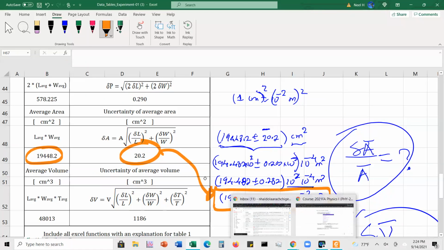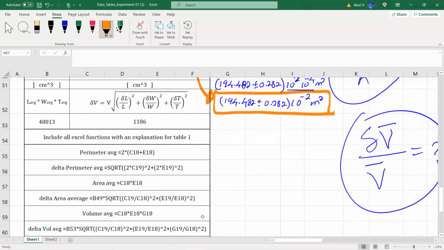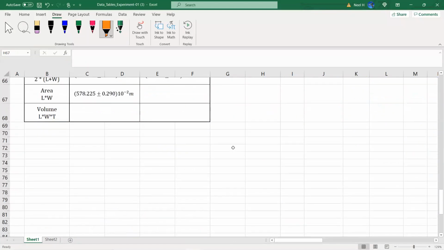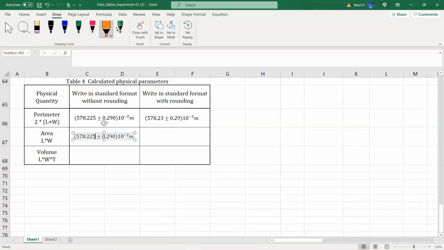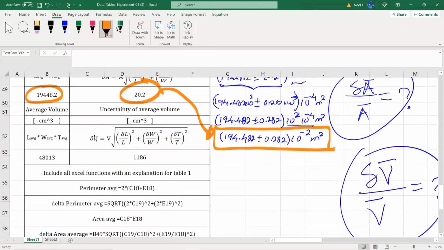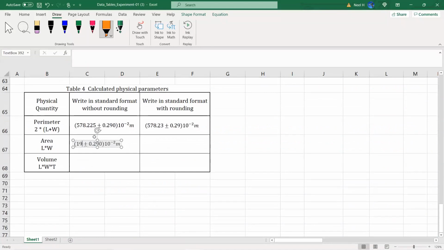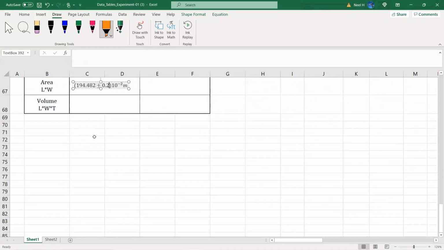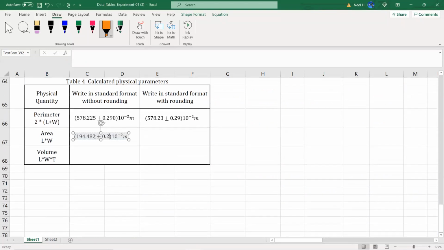All right, let's write it down this way then. I'm going to summarize this into 194.482, and then the error is simply 0.282.